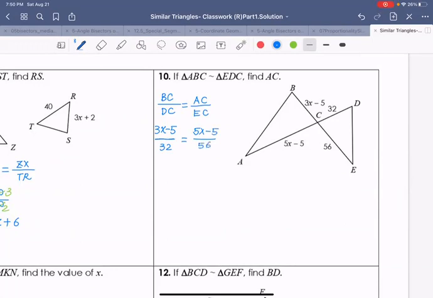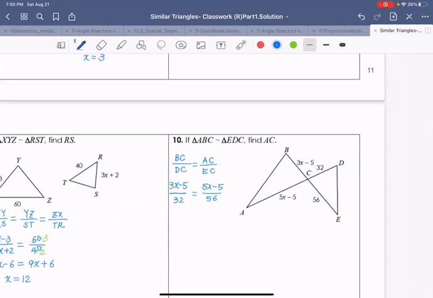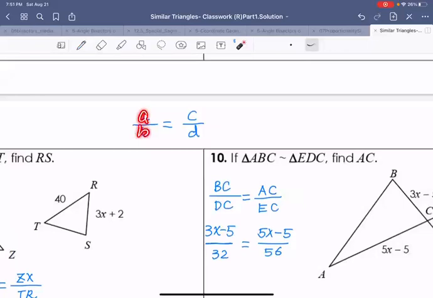Okay, this is something I would like to make sure everybody truly understands. This is a proportion: A over B equals C over D. If A and B can be simplified, go ahead and simplify here. If C and D can be simplified, simplify here. If B and D can be simplified, you can simplify here.